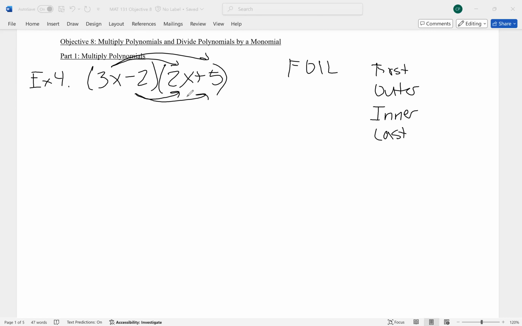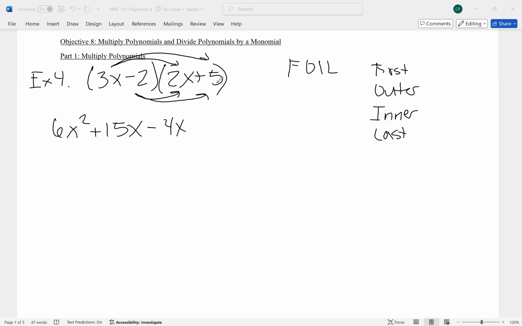Okay. So 3x times 2x, that's going to give us 6x squared. 3x times 5 is going to give us plus 15x. Then we have to do negative 2 times 2x. That's going to be negative 4x.